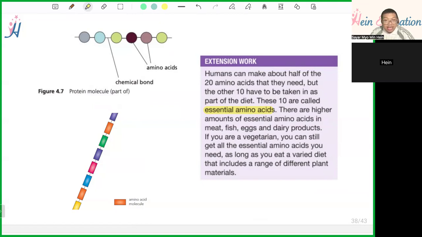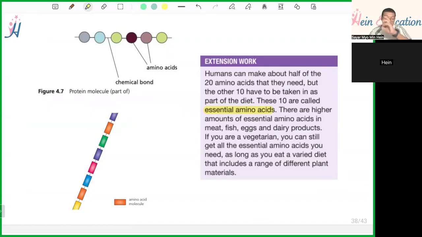If you are a vegetarian, don't worry, because you can obtain them from plants as well, like peas and beans, and also from supplements, right? So amino acids can be subdivided into essential and non-essential amino acids.